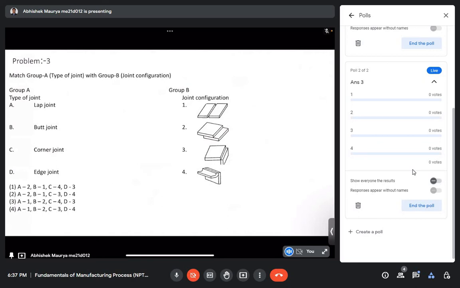If you have got the answer, you can give your response in the polling section.